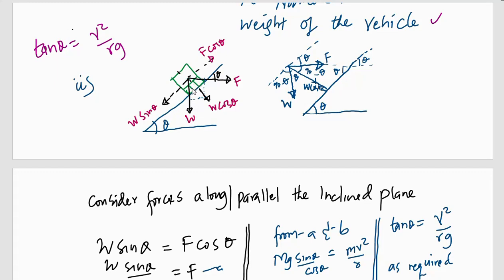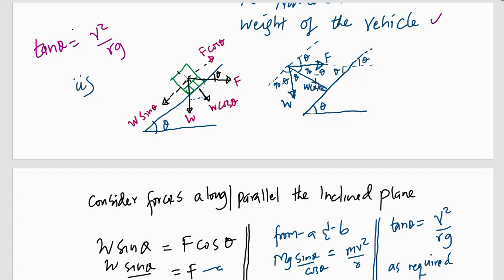You remember, in motion on an inclined plane, this W will always have a component W sine theta, which is along the inclined plane due to gravity, and another component equal to the normal reaction, which is W cos theta. And remember, this is the centrifugal force that is always pulling the vehicle out of the circle.